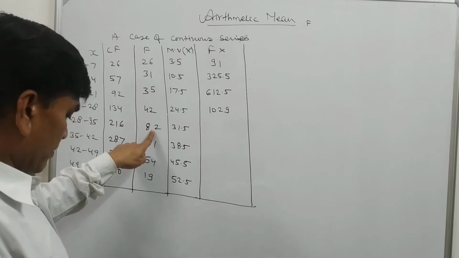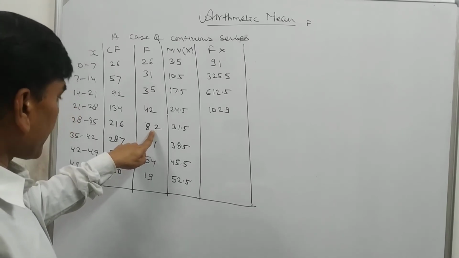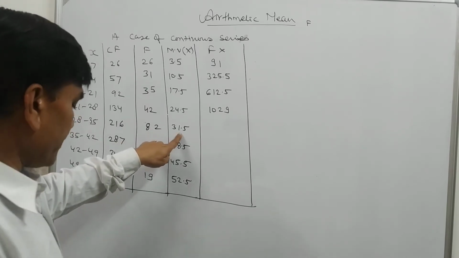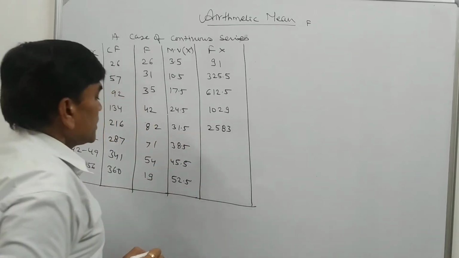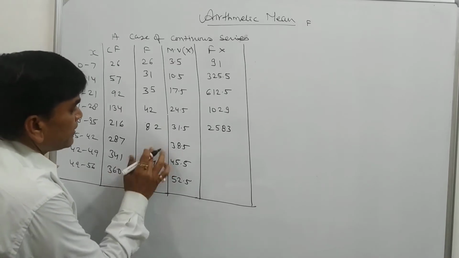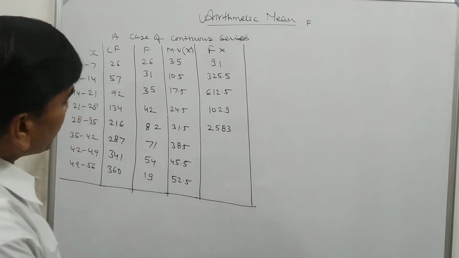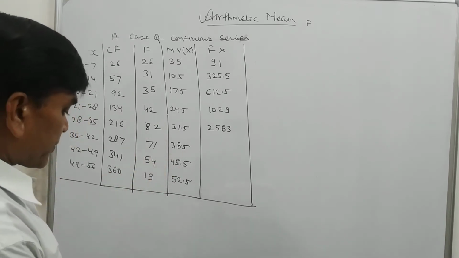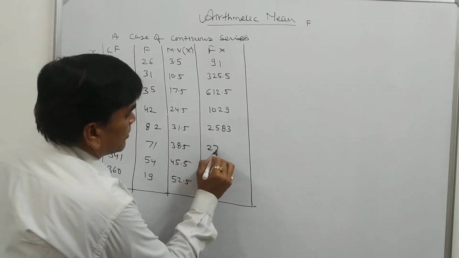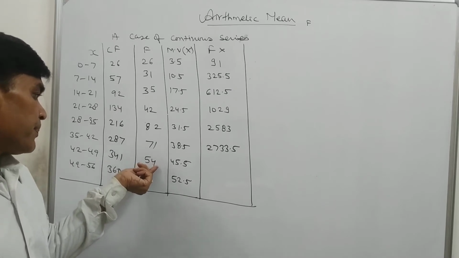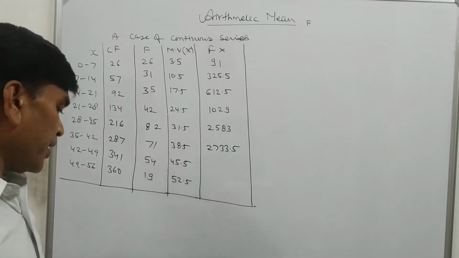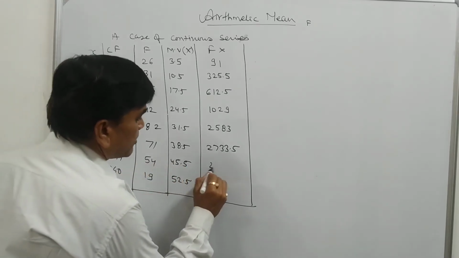Now 82 multiplied by 31.5 is 2583. 71 multiplied by 38.5 is 2733.5. Then we multiply 54 by 45.5, that is 2457.